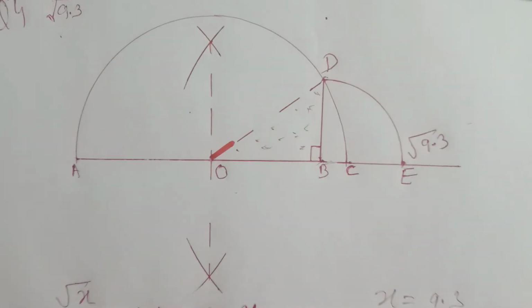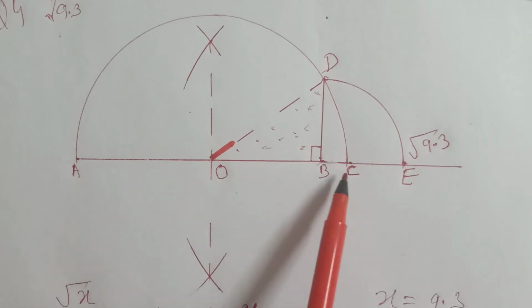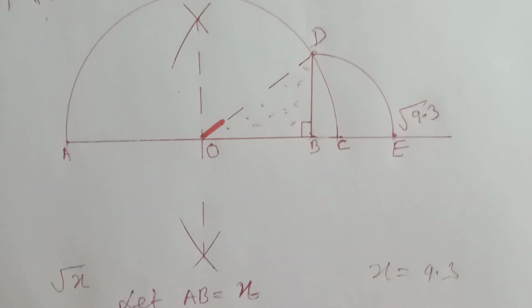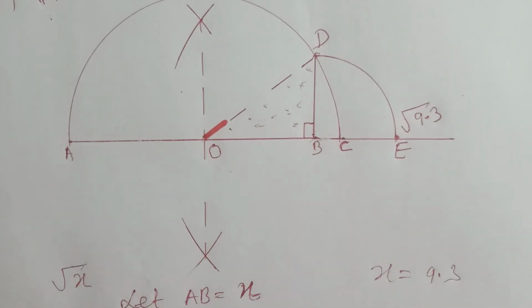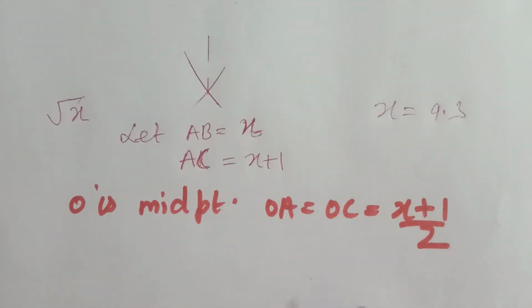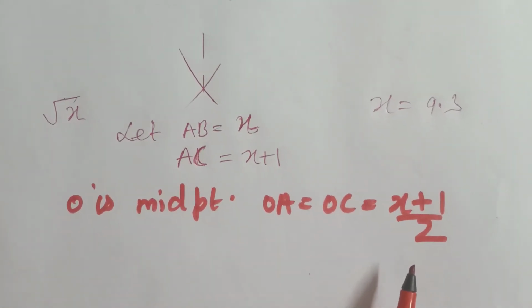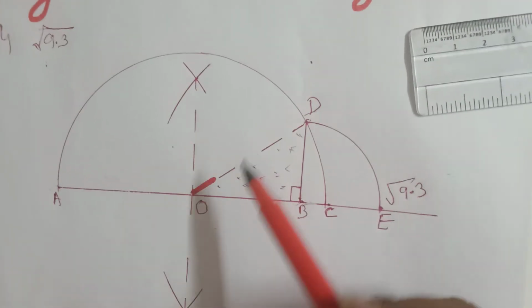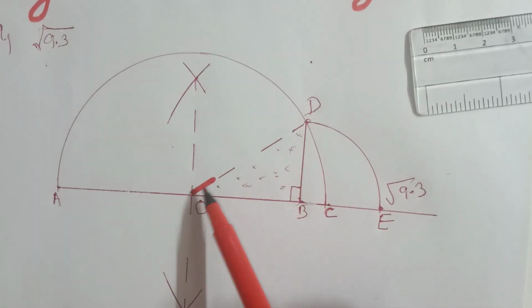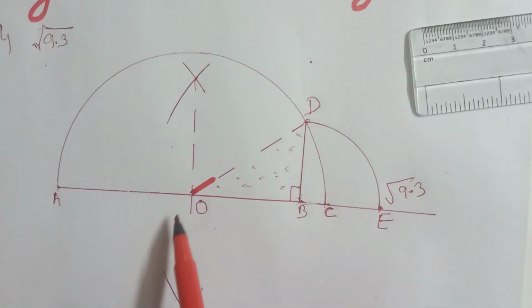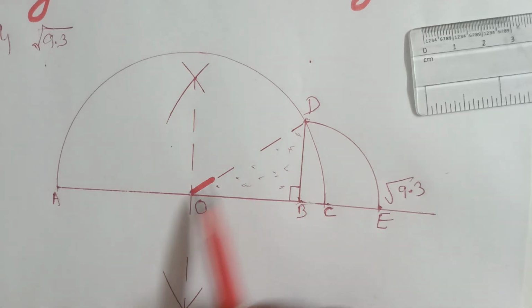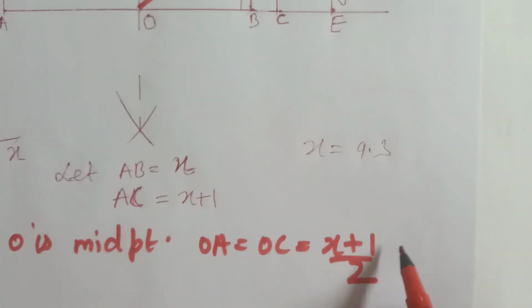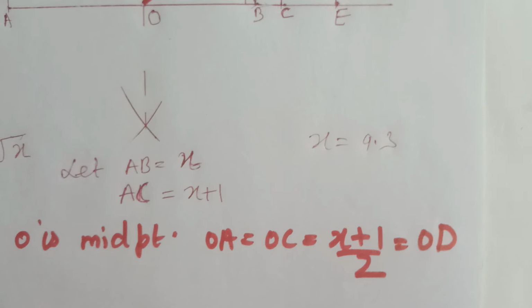Of course, the radius is half of the diameter. Now you can see OD is also a radius of this semicircle, just like OA. So OD will also equal x plus 1 upon 2.